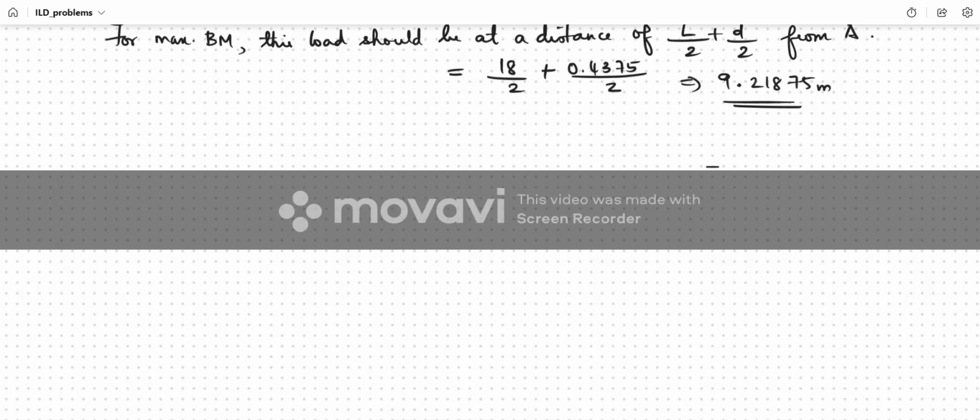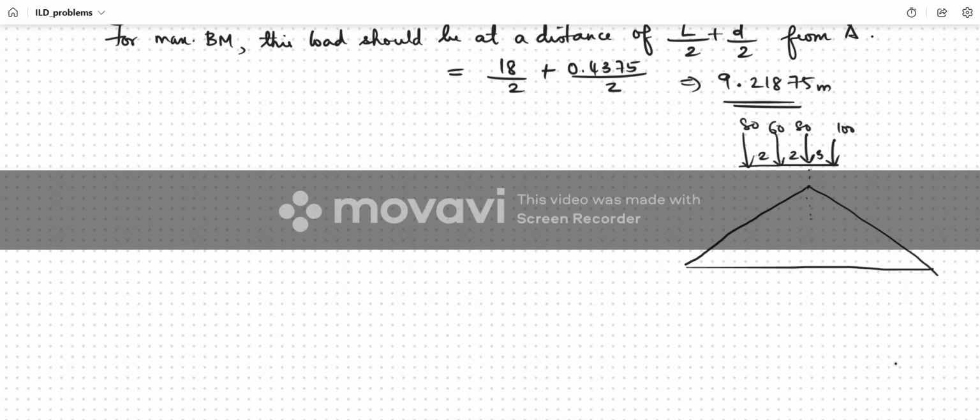So if this is your set of loads, 100, after 3 meters 80, after 2 meters 60, after 2 meters 80, now how do you have to place it? Your 80 should be under the maximum ordinate, and from there we will start. You can show your simply supported beam, 18-meter beam.